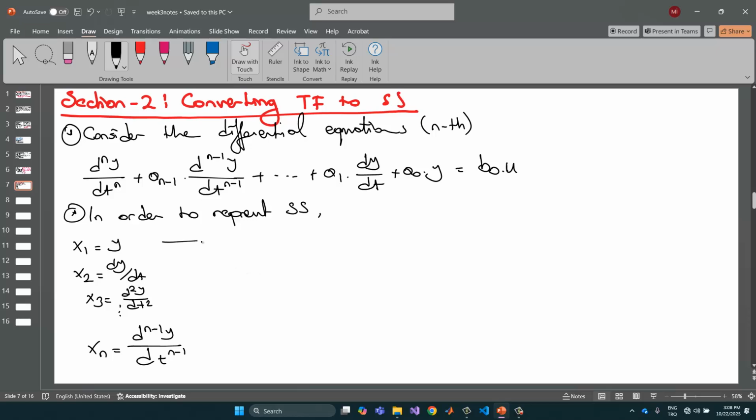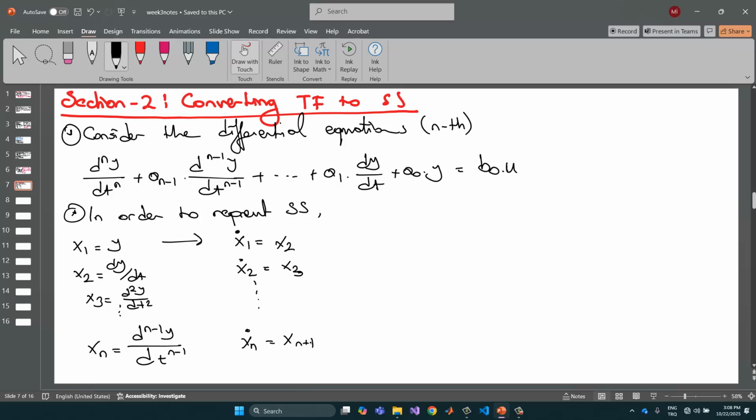So if we take the derivative of this term, x1 dot is equal to what in this case? Yes, x2 dot. And so on, xn-1 dot is equal to what? Yes, xn plus 1, right?